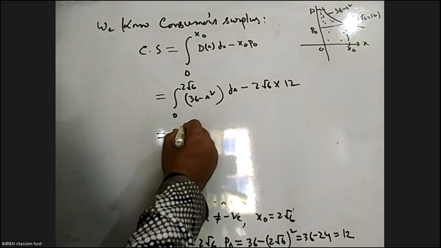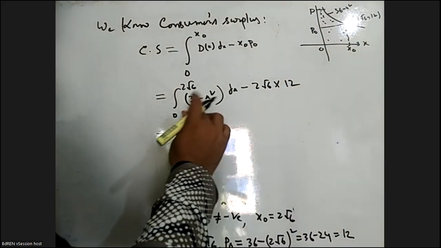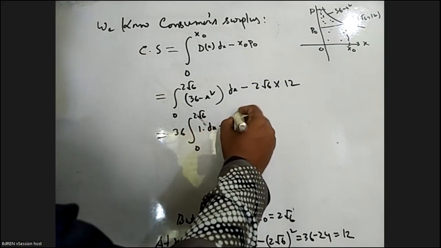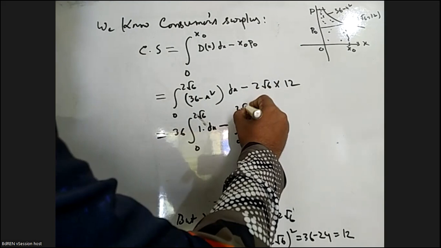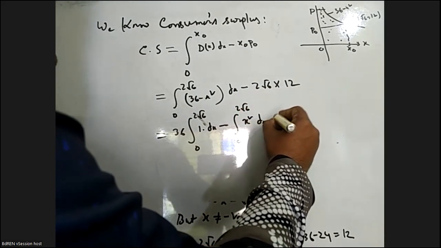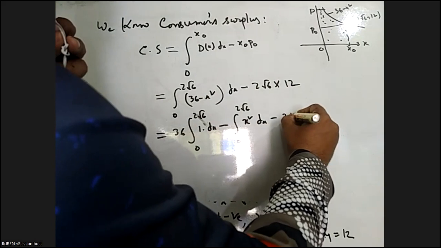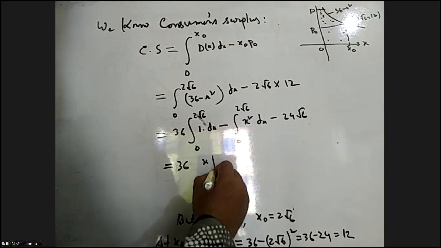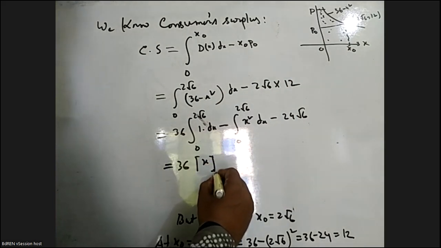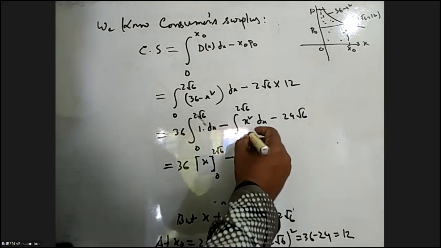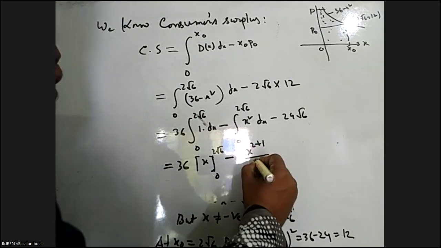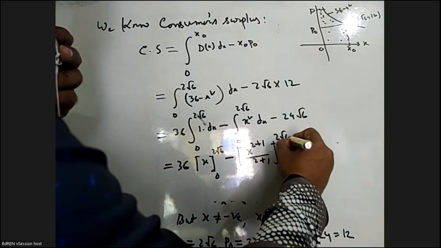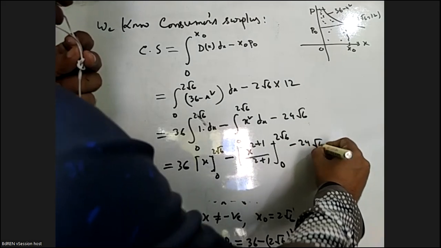So this is a very easy integration: integral 0 to 2 root 6 of 36 dx minus integral 0 to 2 root 6 of x square dx minus 24 root 6. The integration of 36 is 36x, and for x square the formula is x to the power 2 plus 1 divided by 2 plus 1. This is using the power rule.